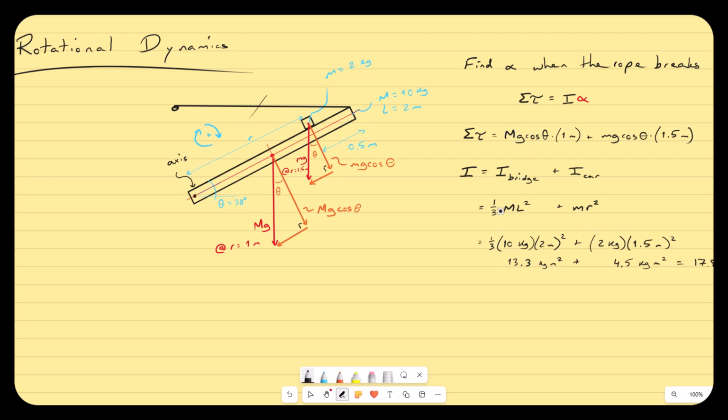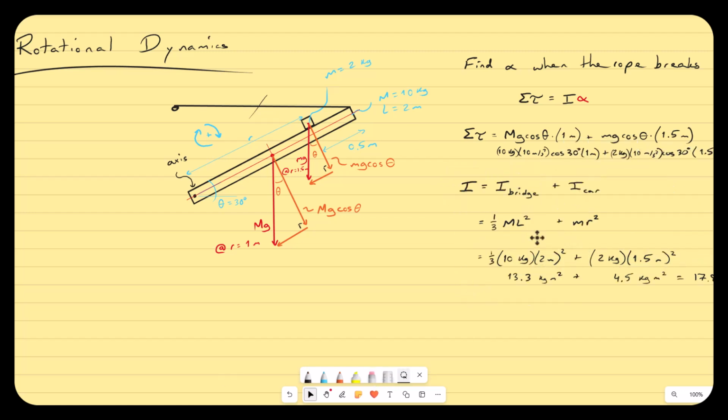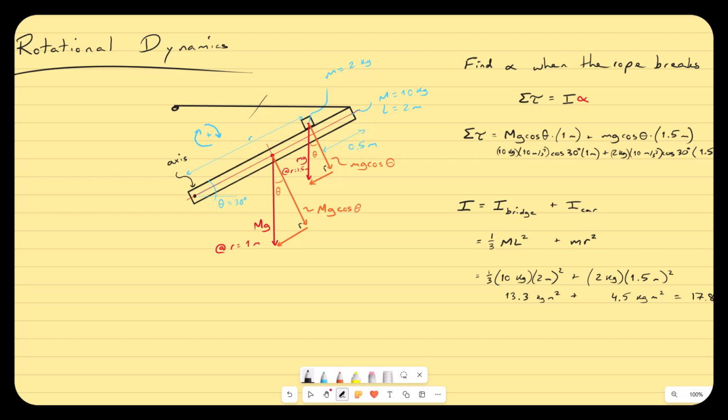When I put in my sum of torques, up here, I'm going to get 10 kilograms, 10 meters per second squared, cosine 30 degrees, times 1 meter, plus, there we go.